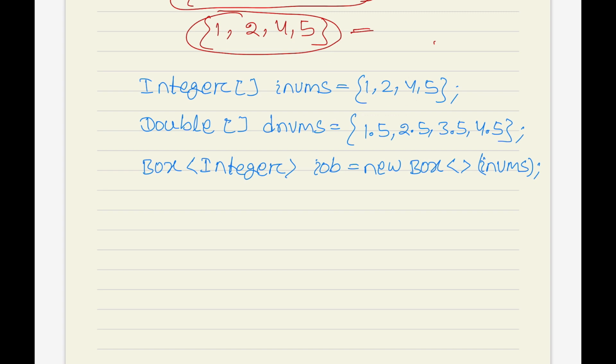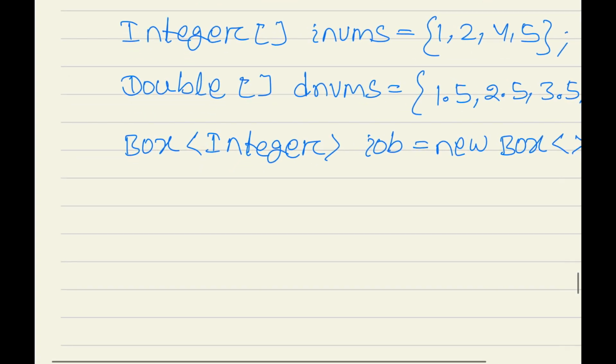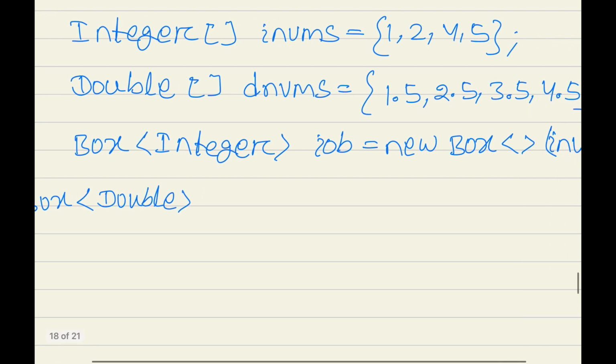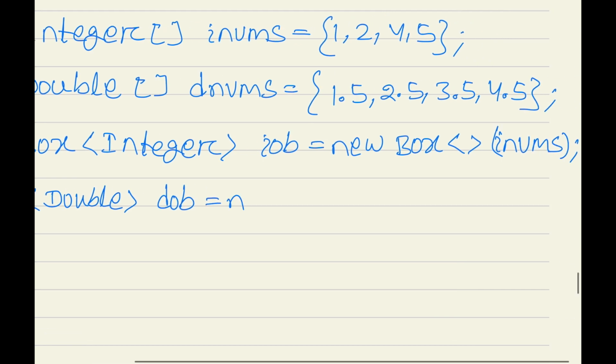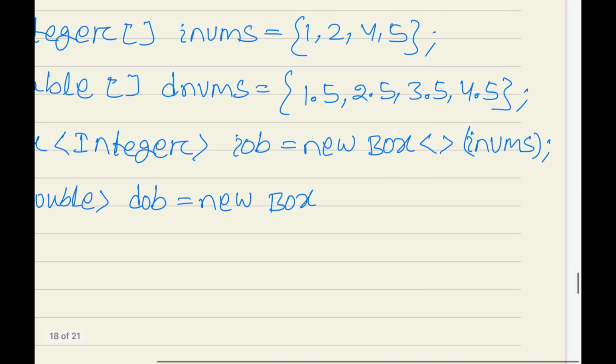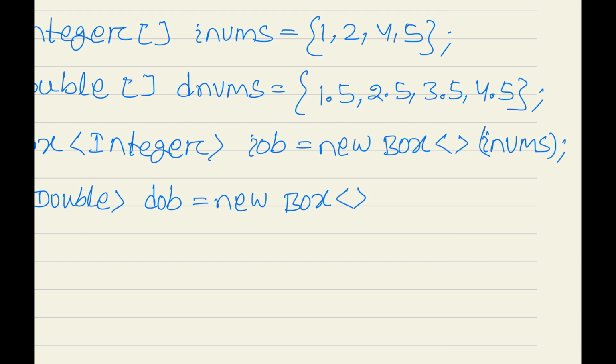Now similar to this we can write here Box<Double>, and assume the name of the object is dob, and here we can write new Box, and the argument is dnums.